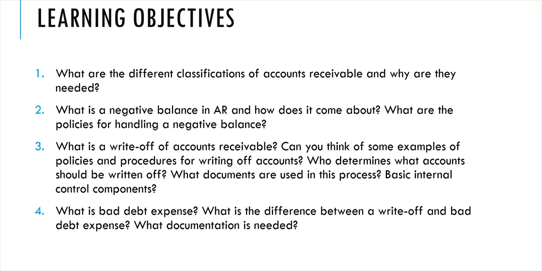So we have to do an accrual entry, and there is a document that is necessary for every journal entry. So whether we are writing it off or whether we're doing that bad debt expense accrual entry, we have to have documents. Always have documents.